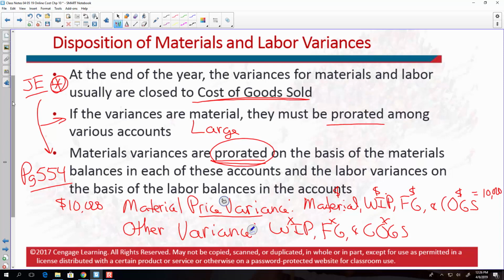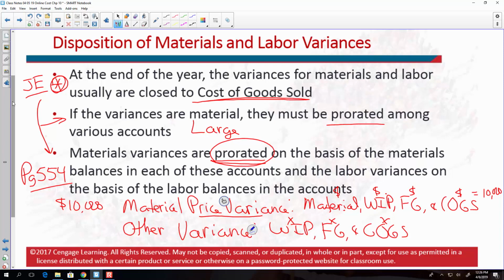I know what I was talking about: in Chapter 4, job order costing, we had under-applied and over-applied overhead, and whether it's material or not material. Material means large. So if it is a large price or usage variance in Chapter 10, then we're supposed to allocate it across multiple inventory accounts, including cost of goods sold.